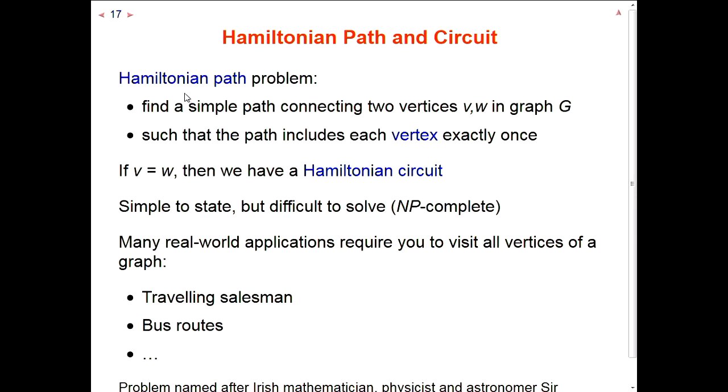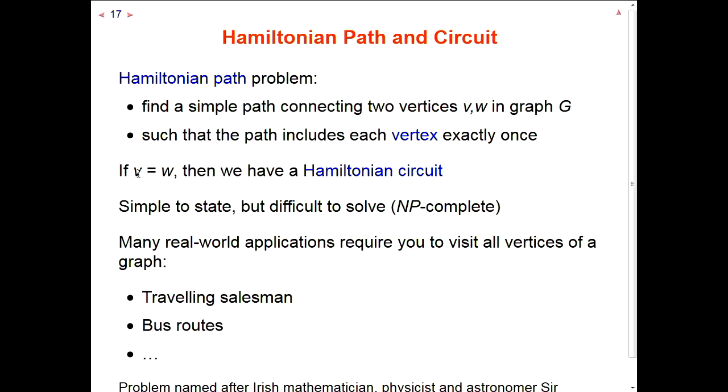But for everyone else, Hamiltonian path problem means to find a simple path that doesn't revisit any vertices, that connects 2 vertices, V and W, in a graph, so that the path includes each vertex exactly once. Not more than once, but you're also not missing a vertex. You really have to visit all the places, all the nodes in the graph. This is the Hamiltonian path problem.